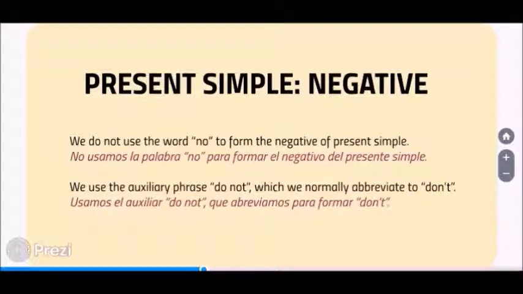Present simple negative. We do not use the word no to form the negative of present simple. We use the auxiliary phrase do not, which we normally abbreviate to don't.